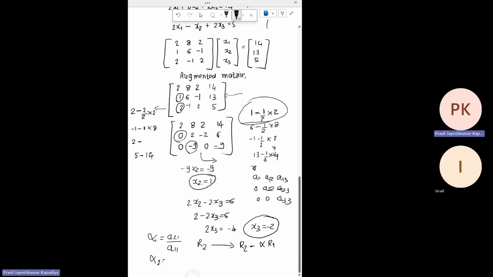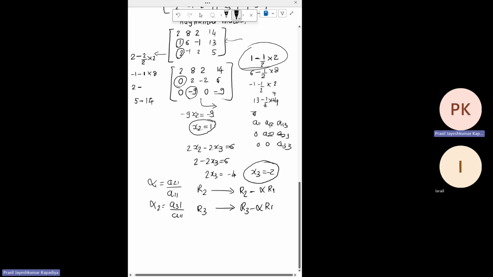Then alpha 2, a31 by a11, and we replaced R3 with R3 minus alpha times R1. Then we define our new alpha for the last row. It's alpha 3, that is equal to a32 divided by a12, and we will replace R3 with R3 minus alpha 3 times R1.